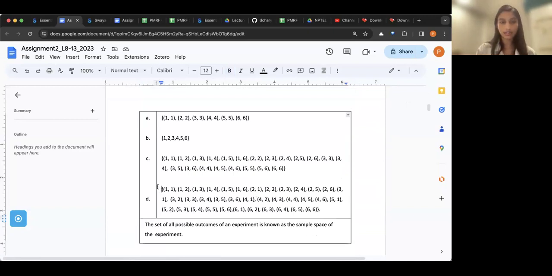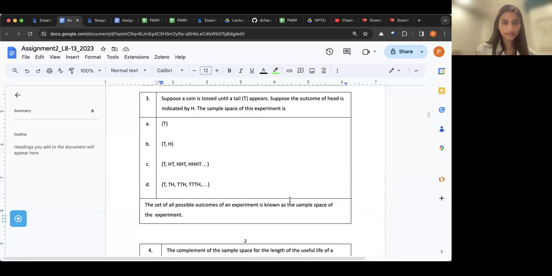The numbers on both dice could be either 1,1, 1,2, 1,3, 1,4, 1,5, 1,6, or it can be 2,3, 2,1, 2,5, and so on. So that is the straightforward question.